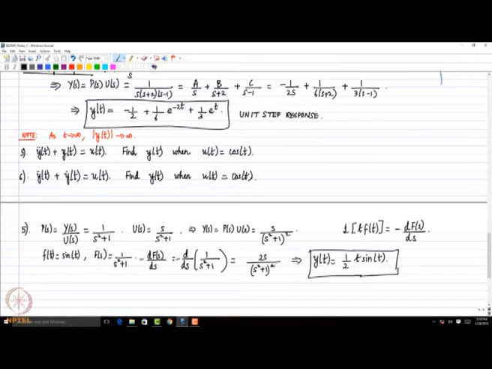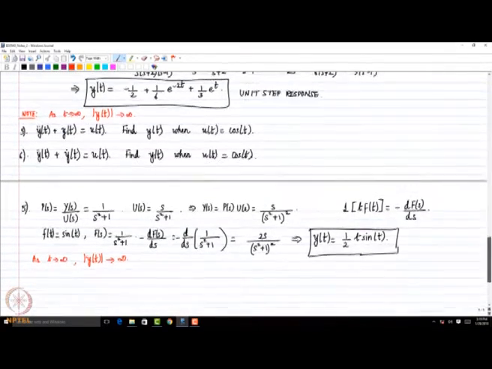So the inverse Laplace of s divided by s squared plus 1 whole squared is 1 by 2 of t sin t. So immediately we observe that as t tends to infinity, the magnitude of y of t tends to infinity. Do you agree?